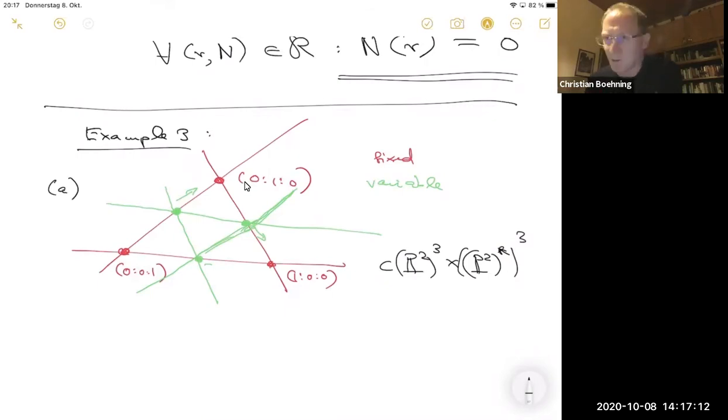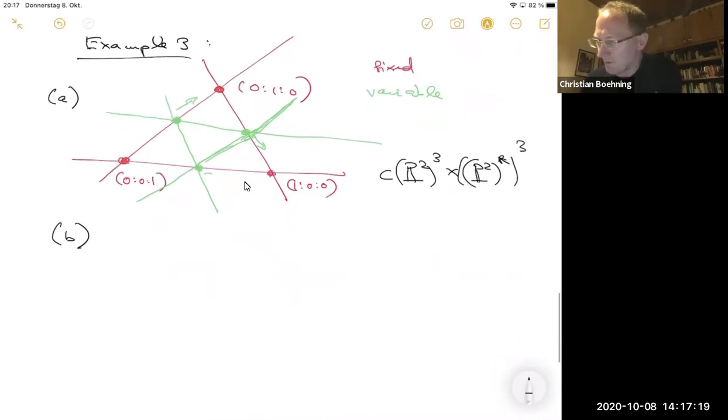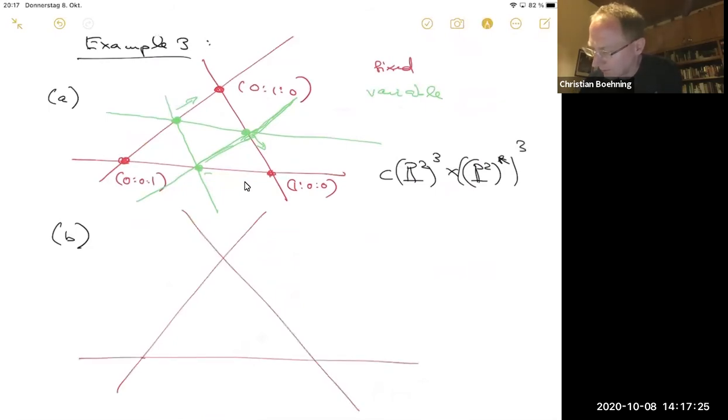And now I want to soup up this example slightly or modify it to something that I use afterwards. Again, same setup. So we have this red triangle with these same points.